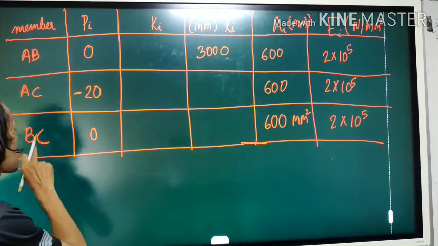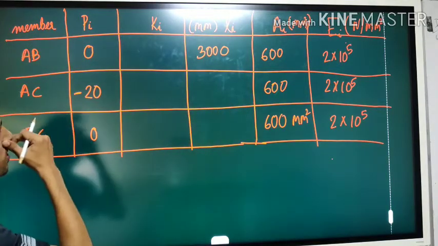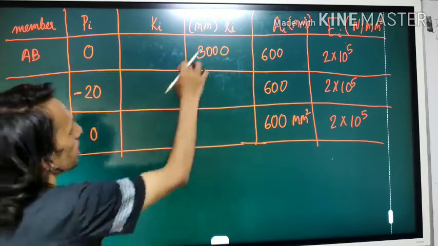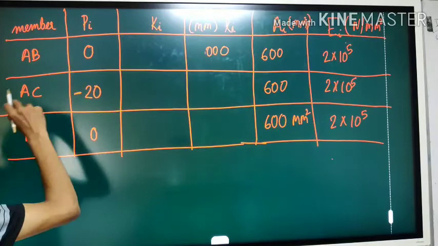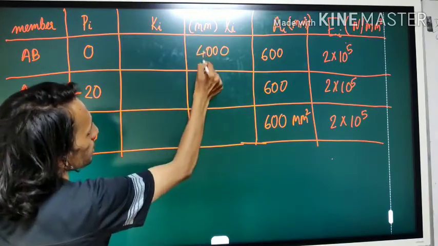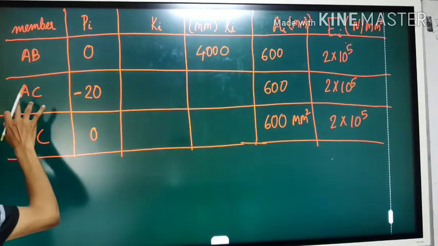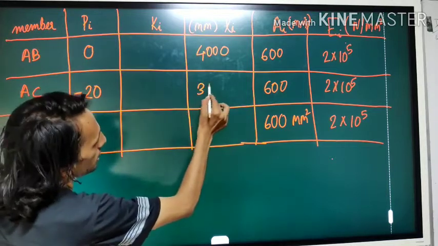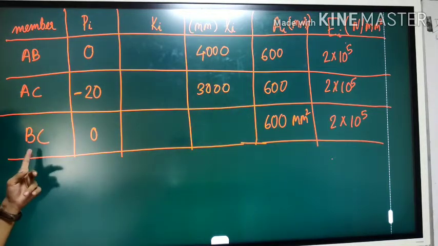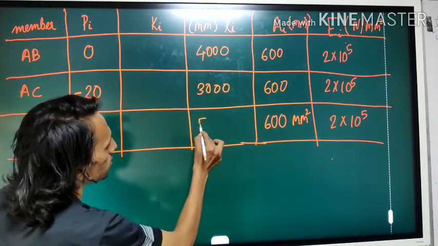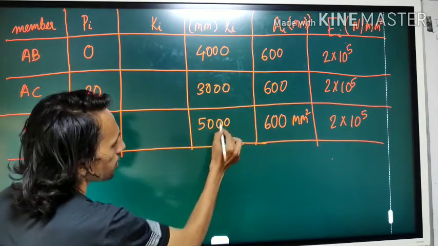Then AB was 4 meters, so it was 4000. AC was 3 meters, and DC was 5 meters, so it was 5000 mm.